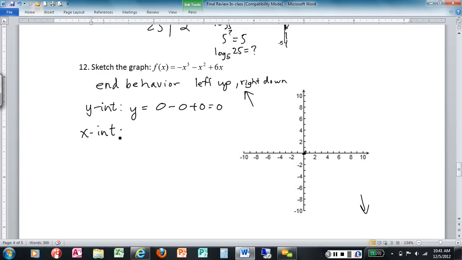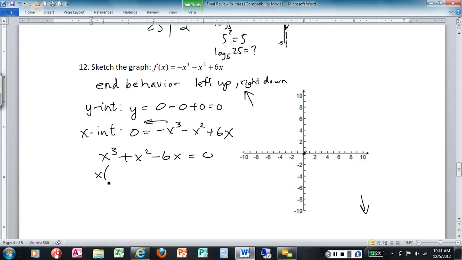Some better points here that will help us are the x-intercepts. Set y to be 0, or f of x to be 0. And since that x cubed term is negative, and we've got it equal to 0, I'd switch sides with all those. Add x cubed, add x squared, and subtract 6x, because then it's a little bit easier to factor.